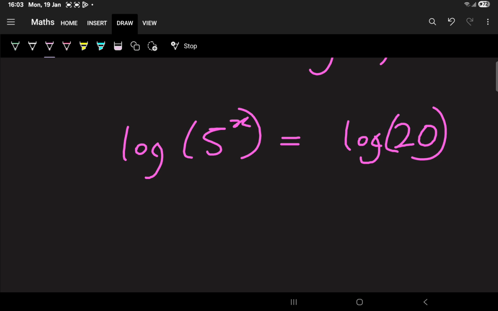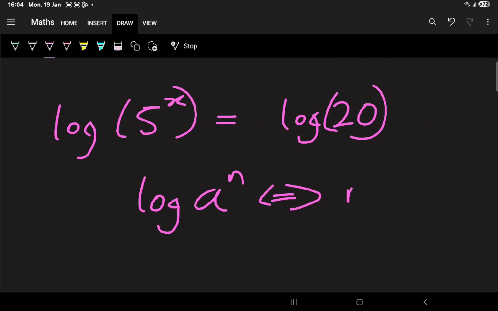Now, from the laws of logarithm, log of a raised to the power of n is the same as n log a. Now, let's apply this rule over here.